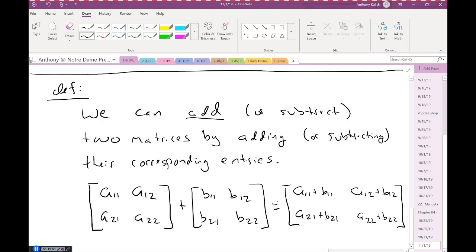Everybody feel okay with that idea? Let's do a numeric example just to make sure we kind of got it.